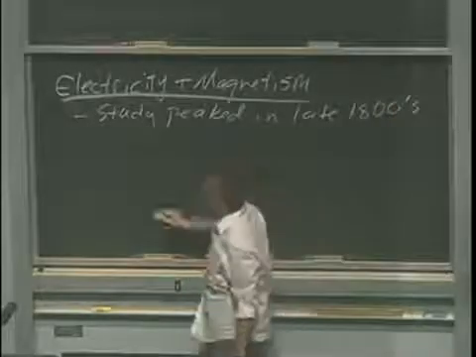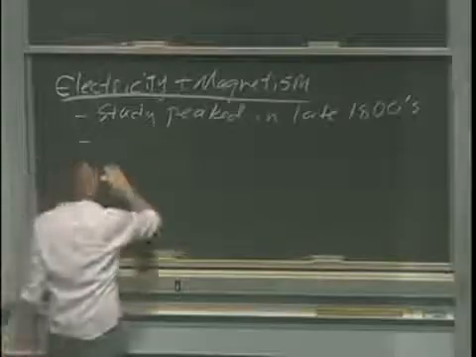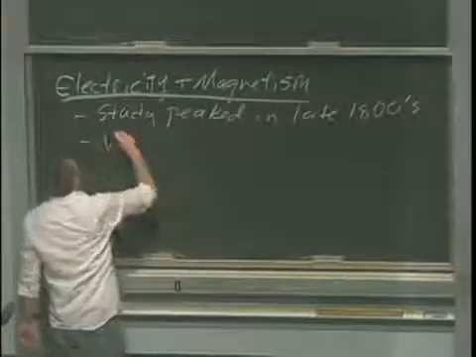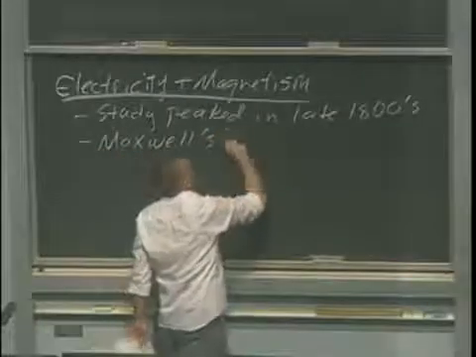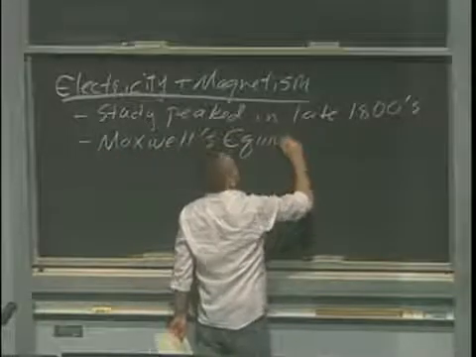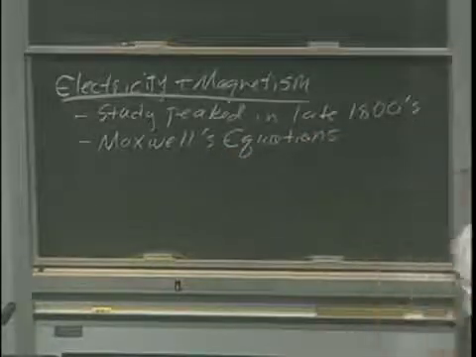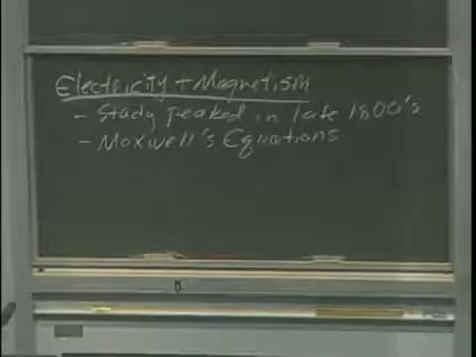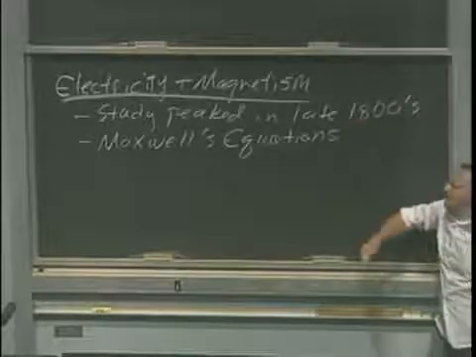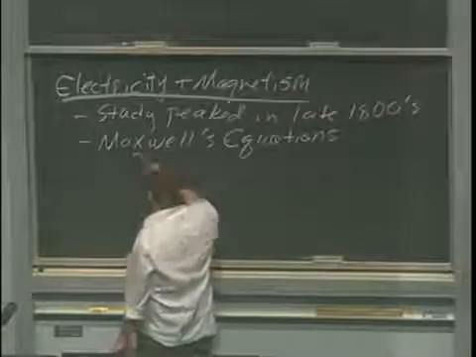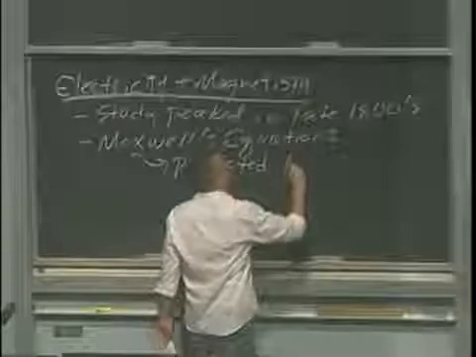And it peaked with the unification of these, which we'll talk about later. It peaked with something called Maxwell's equations, which I am not going to write down. But the key about Maxwell's equations is that when they were studying electricity and magnetism, Maxwell's equations predicted light.